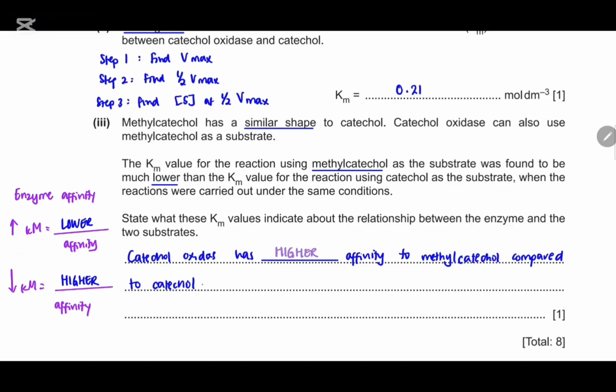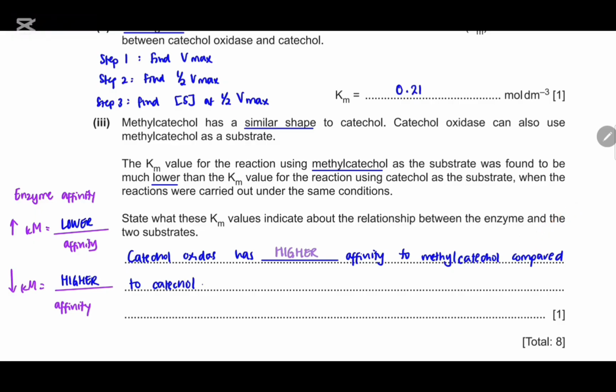So in this case, because we know that the Km value using methyl catechol is lower, that means that catechol oxidase has higher affinity to methyl catechol compared to its own substrate. That's how I would answer that question.